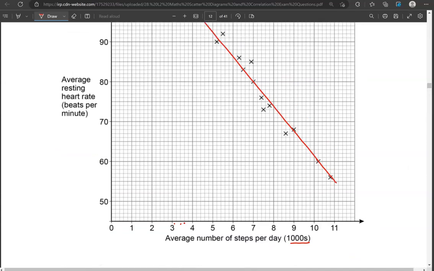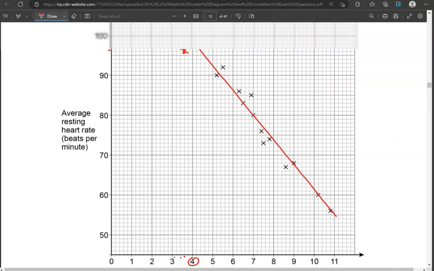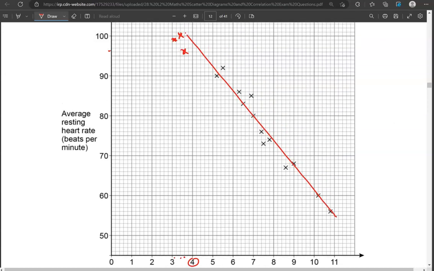So 4,000 is here, so going up, that is about 98.